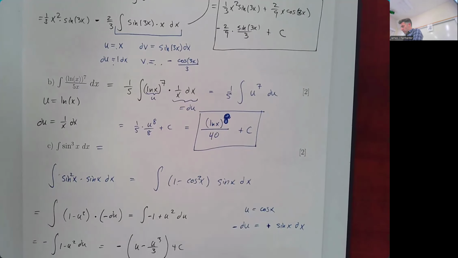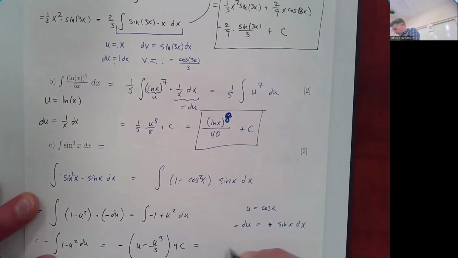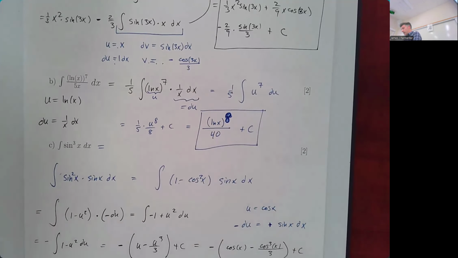And then plugging in u equal to cosine, we're going to get negative parentheses cosine of x minus cosine cubed of x over 3. Or if we distribute the minus sign, negative cosine of x plus cosine cubed x over 3.